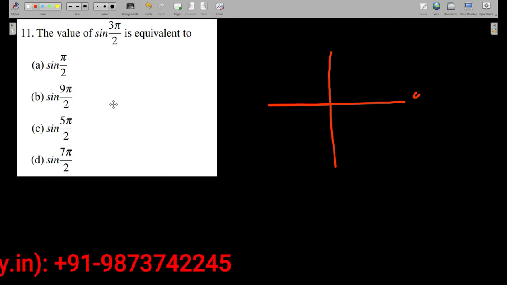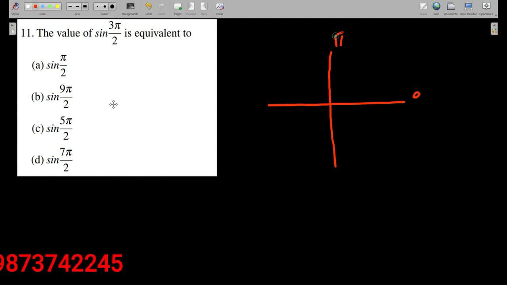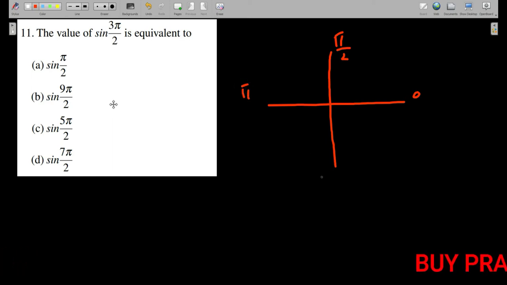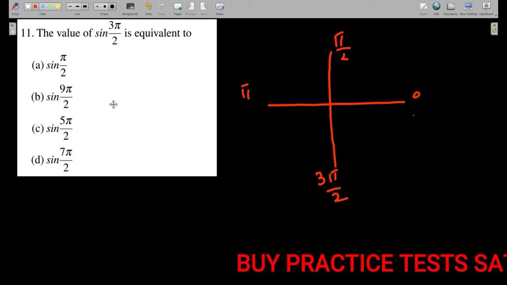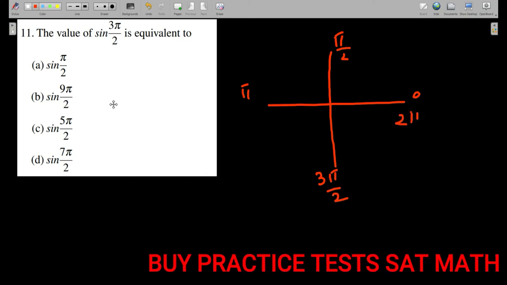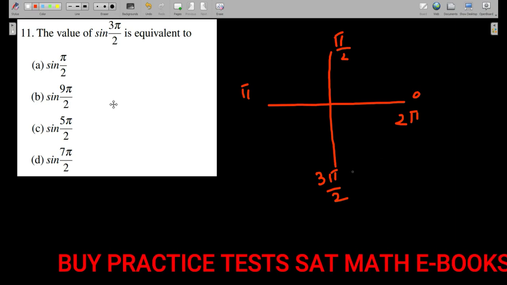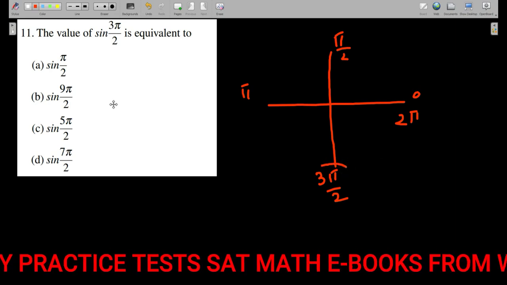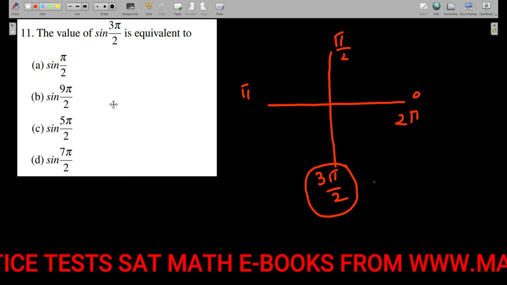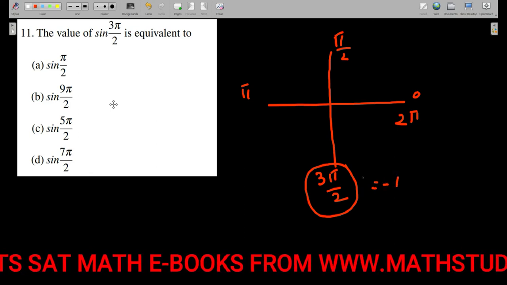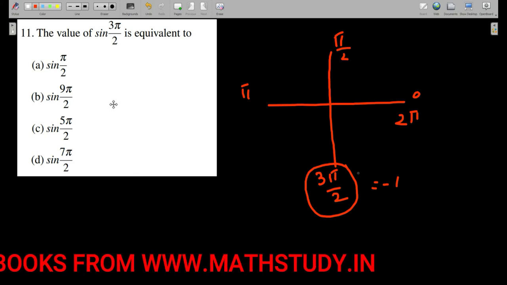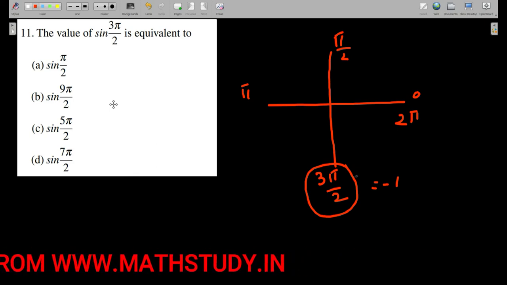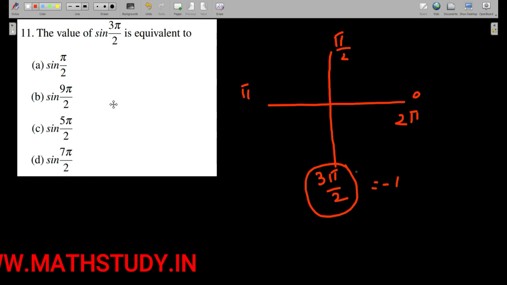So this is 0 degree, this is pi by 2, this is pi, this is 3 pi by 2, and this is again 2 pi. We should know that sine 3 pi by 2 equals minus 1, and we have to see which of the following options it is equivalent to.